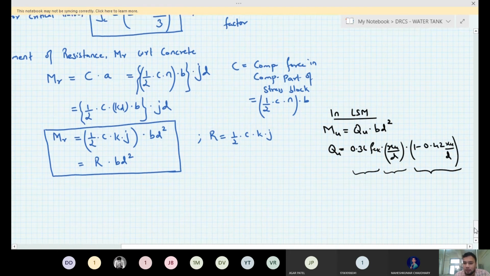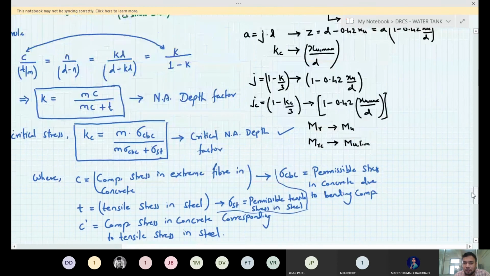In working stress philosophy, we use the word R, which is analogous to Qu in limit state philosophy. Then you use the word RC for the critical value, which is analogous to Qu limit.